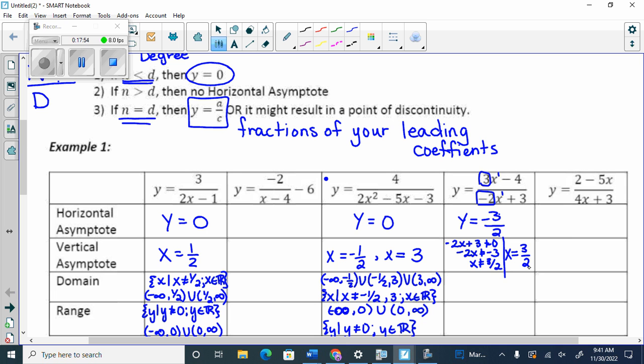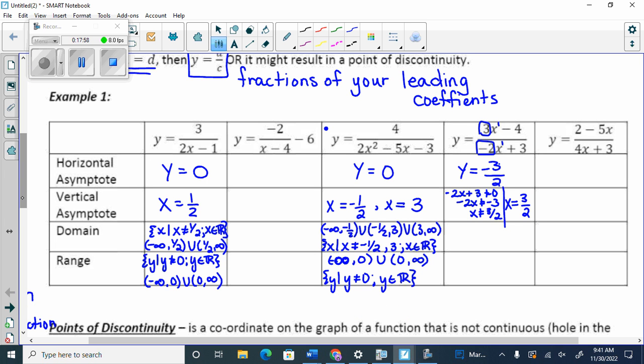So they're actually very similar spots. The domain of this one is x such that x can't equal 3/2. And my range is going to be y can't equal -3/2.